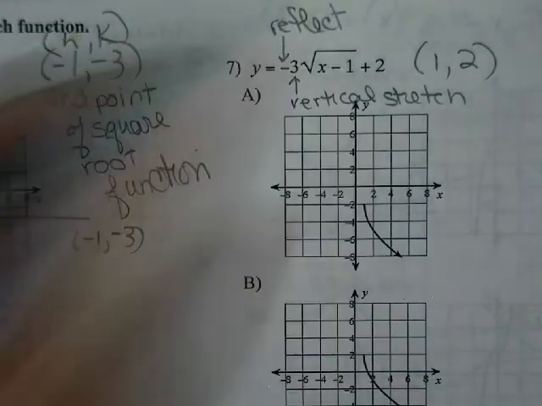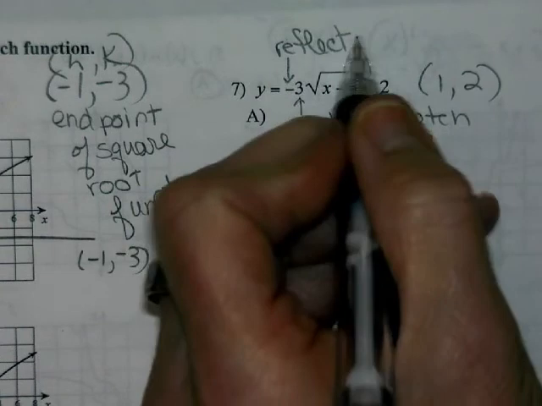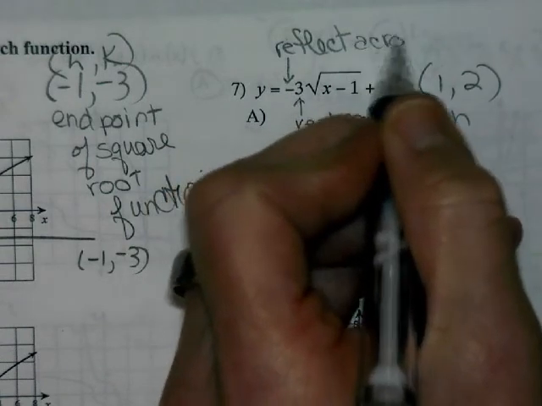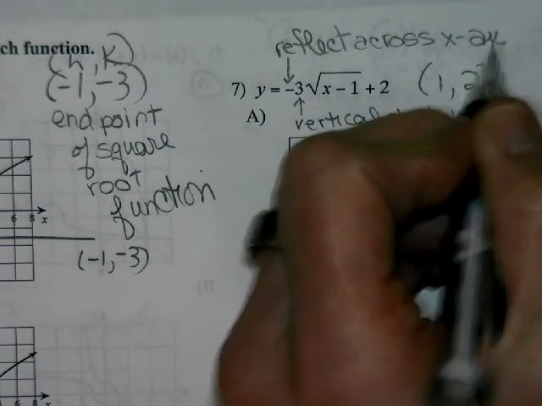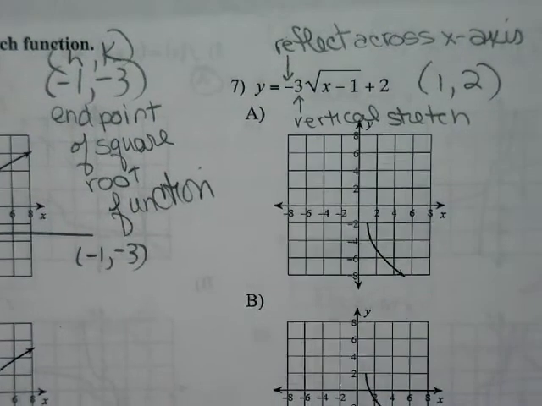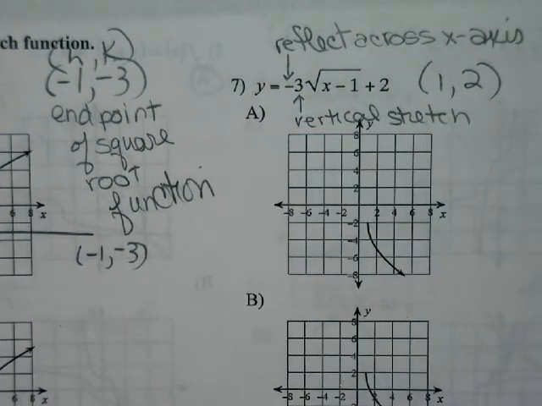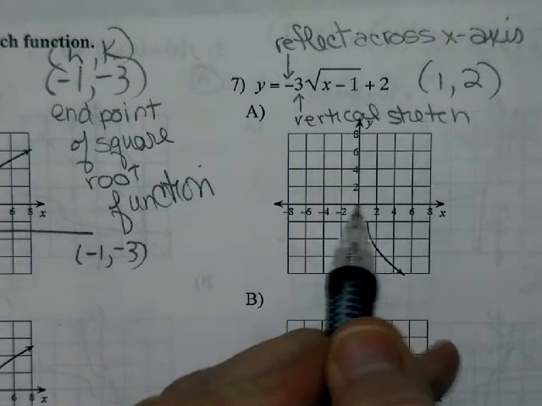And that guy makes a reflect across the x-axis. So that means instead of shooting up, it will go underground, shoot down. So I have to look for 1, 2.